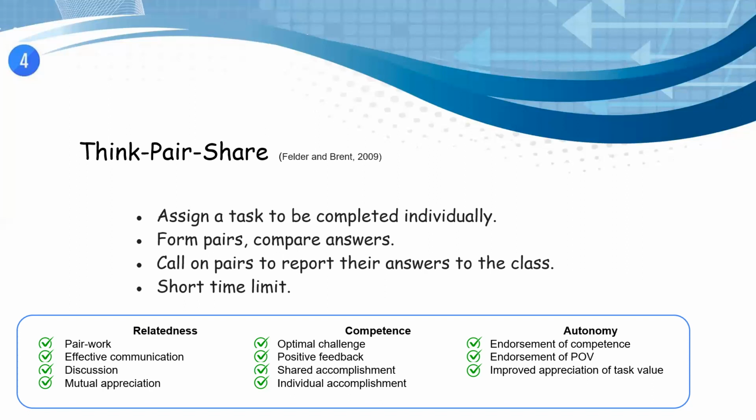It enhances competence through an optimal challenge set at the right level, positive feedback, shared accomplishment, individual accomplishment. It enhances autonomy through an endorsement and recognition of competence, recognition of the participant's point of view, and also through an improved appreciation of the task value.